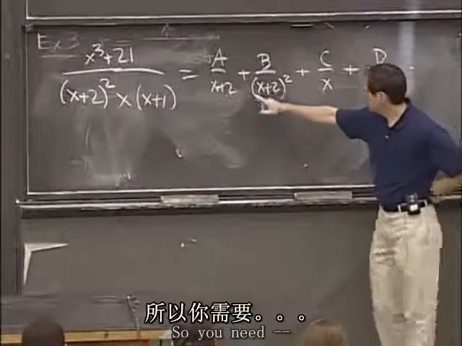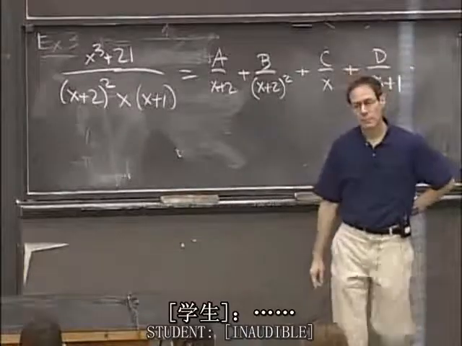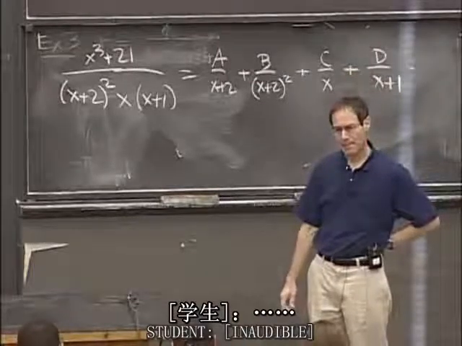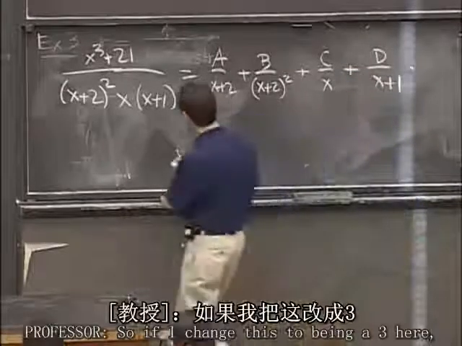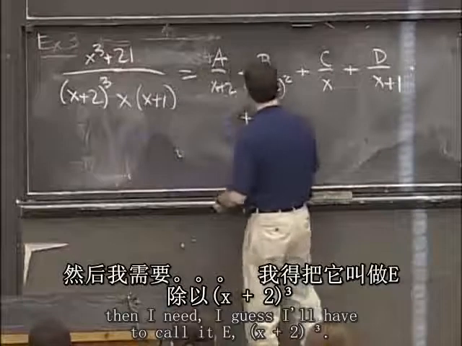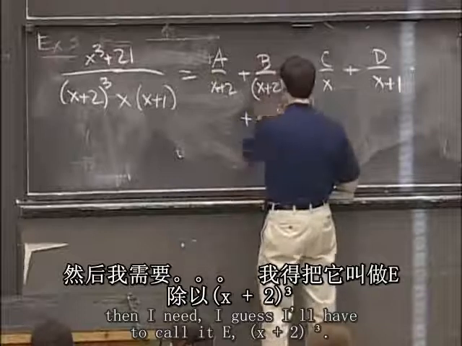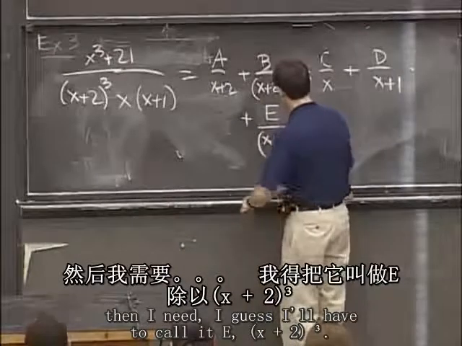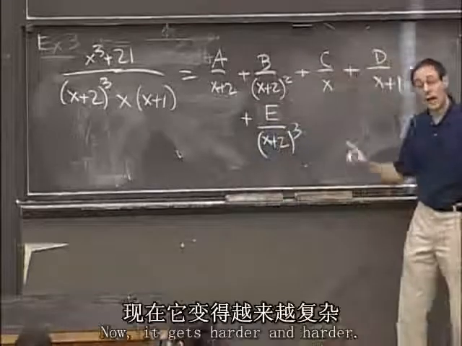And then that would follow the same idea. Let's say it was x plus 2 to the third. If I change this to being a 3 here, then I need, I'll call it e, over x plus 2 cubed. I need that. Now, it gets harder and harder.